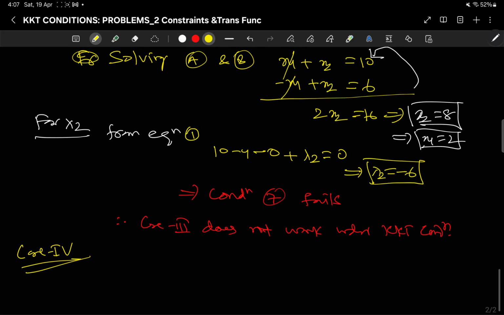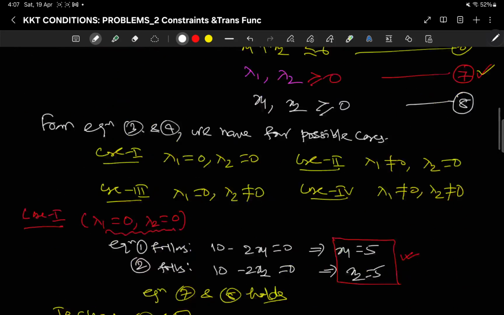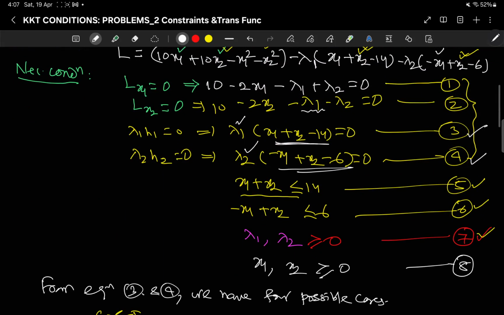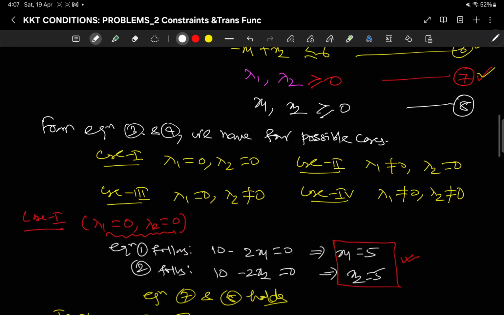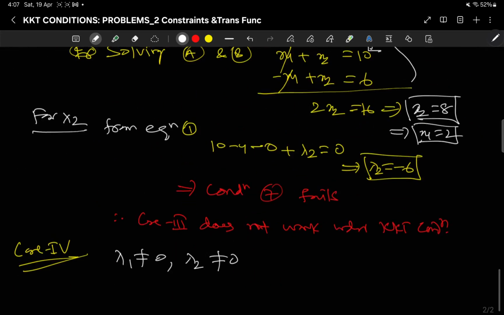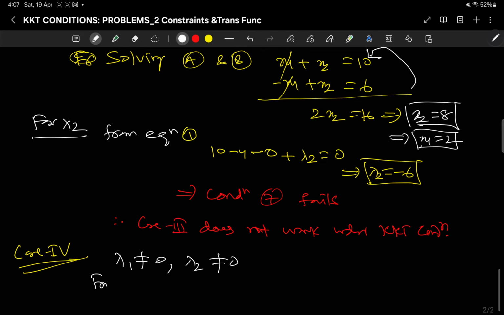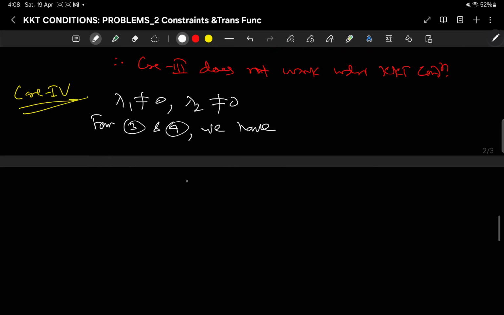So now come to case 4. In case 4, lambda 1 is not equal to 0 and lambda 2 is not equal to 0. So from 3 and 4 you have both of these terms equal to 0. From 3 and 4, we have x1 plus x2 is equal to 14, minus x1 plus x2 is equal to 6.